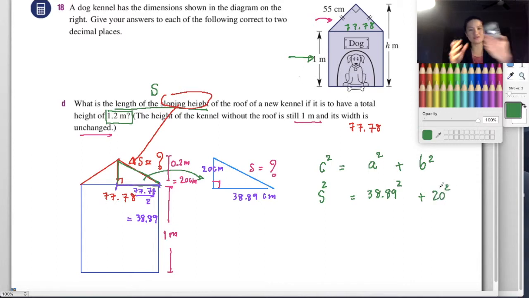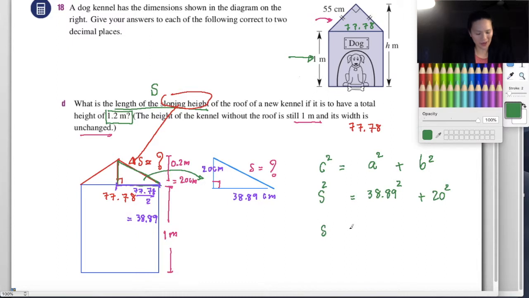I just use my calculator right quick. 38.89 squared plus 20 squared is equal to this number, and then I take it as the answer and square root it.